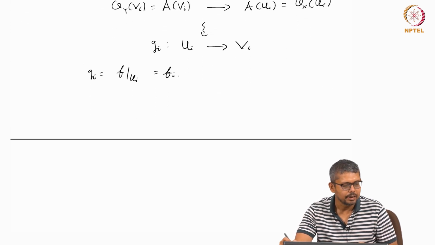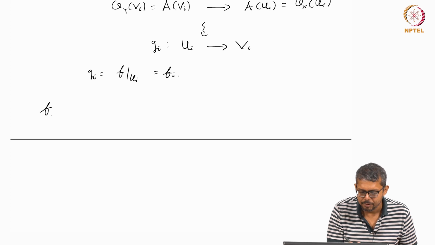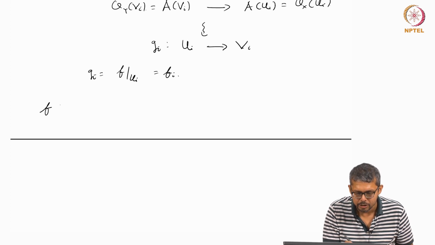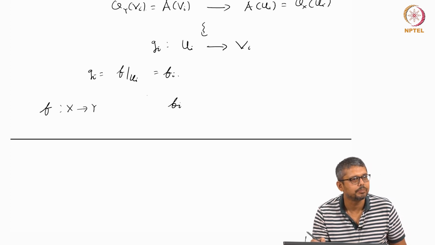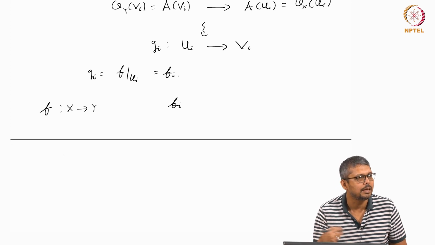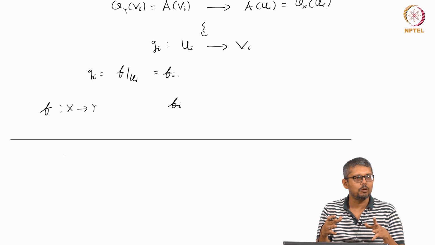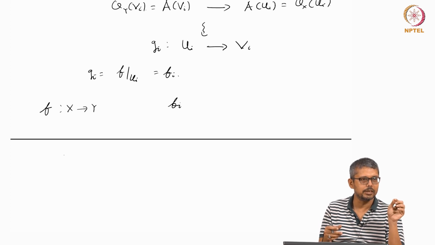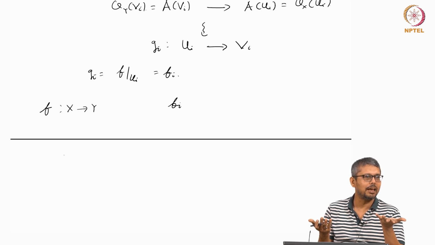Now the point is, can you construct it? So you have a map f, which is just a map from X to Y, and these f_i's are continuous maps, and f restricted to U_i is f_i. That will say that f is continuous. If you have a map of topological spaces, and if you restrict to each open subset U_i, they are continuous, and because it's a map, they match on the intersections, then the function f is also continuous.